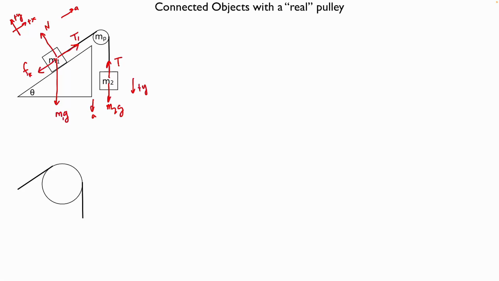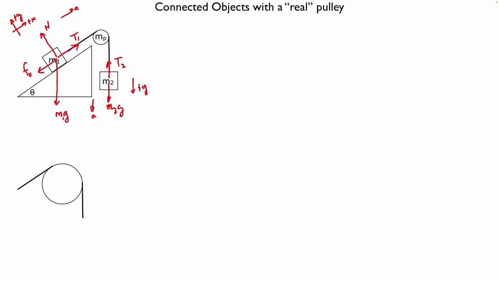The tension up here and the tension down there are going to be different. Yes, Lauren, it is as bad as you think it's going to be. Lauren just put her head in her hands, knowing full well that we just introduced an extra unknown into the problem, okay? All right, so a pulley having mass changes the tensions.